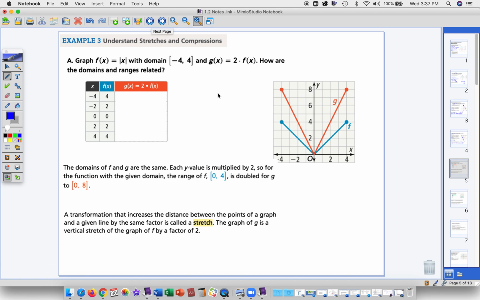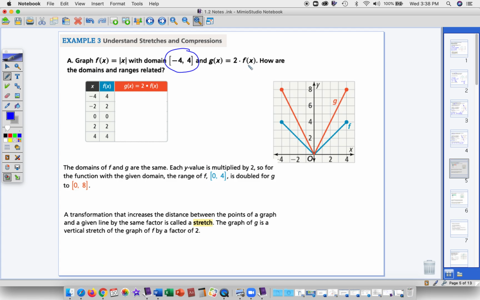Stretches and compressions. Here we're going to look at the absolute value of x. That's the V-shaped graph you see here in blue. And again, the domain has been restricted. Normally this would keep on going without end, but we're stopping at negative 4 to 4. g of x is this function, and g of x is equal to 2 times f of x.